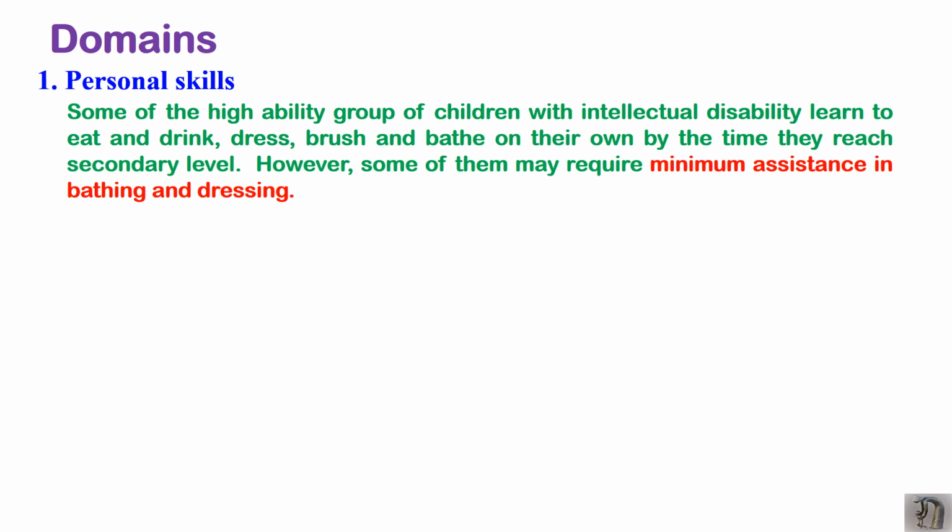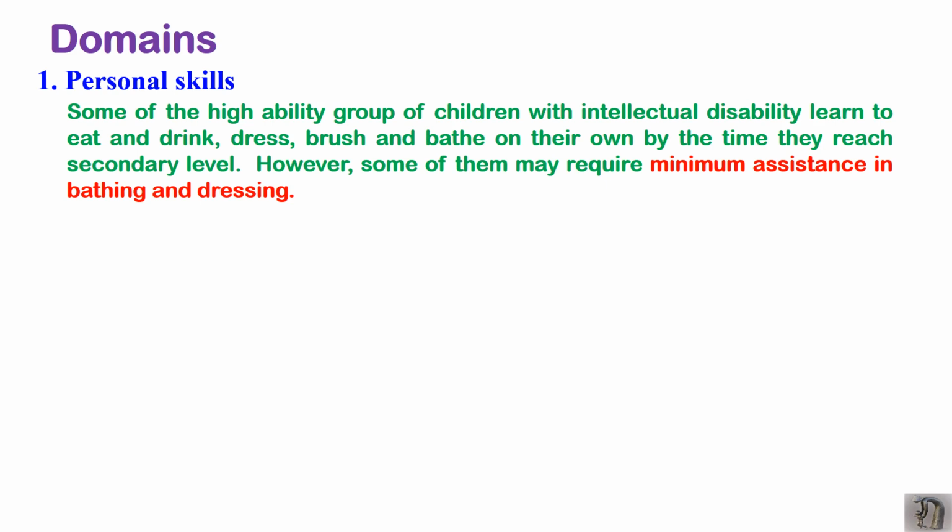So personal skills, see, some of the high ability group of children with intellectual disability learn to eat, drink, dress, brush, bath on their own by the time they reach the secondary level. Yes or no?